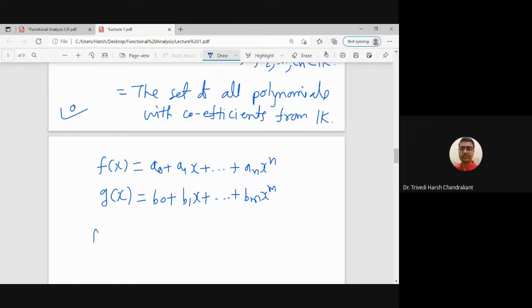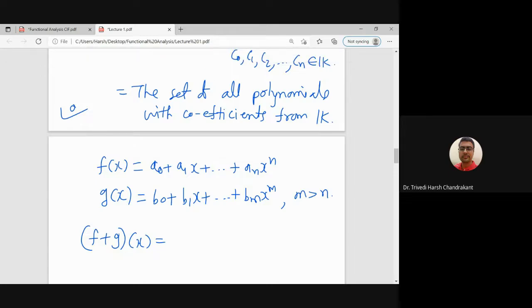Then addition we can define as (f plus g)(x). For simplicity we can assume m is greater than n. The other case is also the same. If m is less than n, we can also define this. So in this case we get a0 plus b0, plus (a1 plus b1)x, up to the smaller one, n, so (an plus bn) x power n.